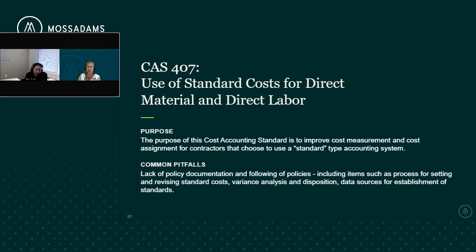Make sure you have a written policy, like how did you come up with those standard costs, like what is the source of data, what are your assumptions, and really make sure that you're following that at the level of production unit. So some of the common pitfalls in this area would be lack of policy documentation, maybe not having a clear process in place for setting and revising those standards, how you're going to analyze the variances and dispose of them, and really how you're establishing those standards from what data sources.